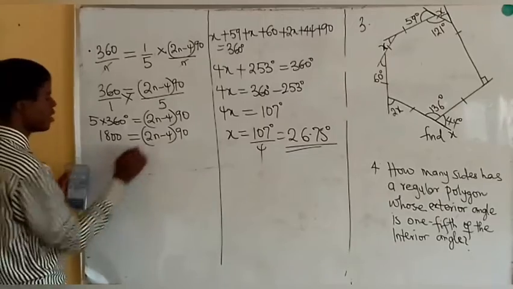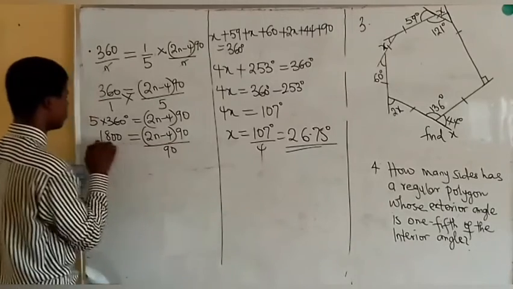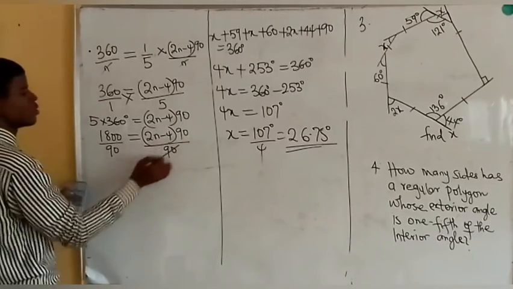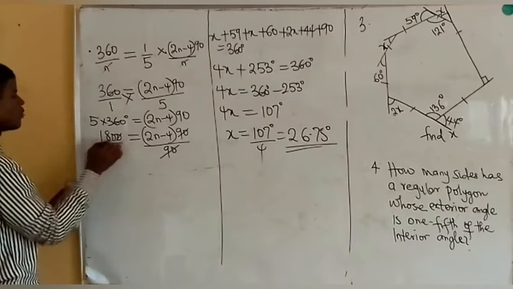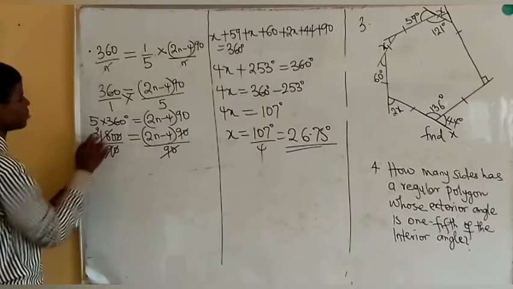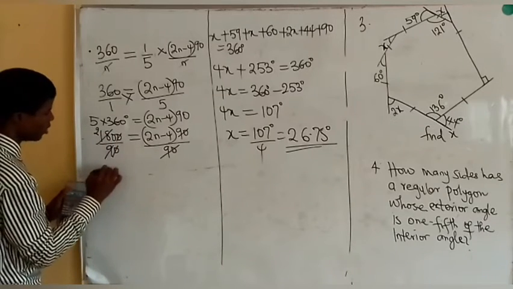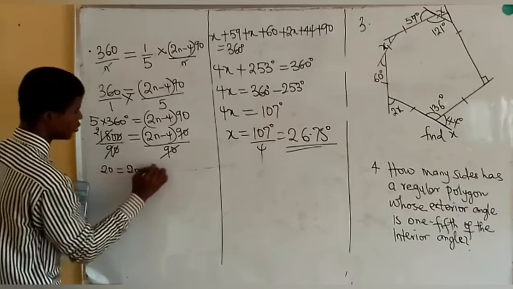So I will eliminate this 90. Divide both sides by 90. So I have 90 over 90, so 90 will cancel 90. 1800 divided by 90 is 20. 20 is equal to 2n minus 4.